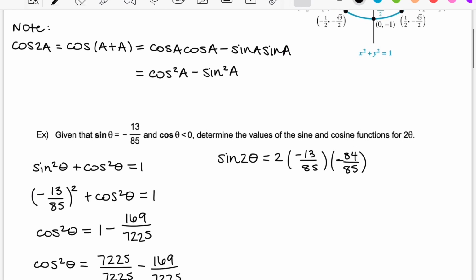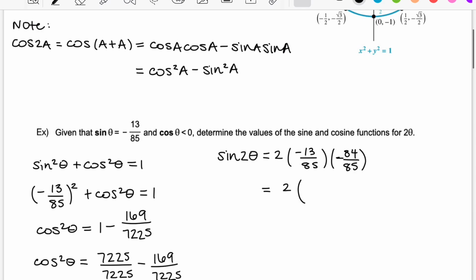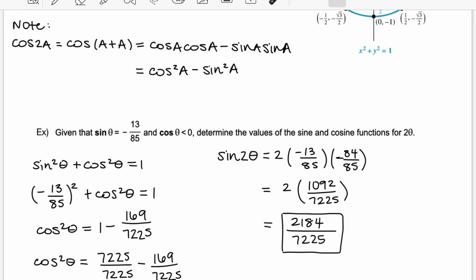Now multiplying these, we'll get a positive number for these two fractions. We get this here, and then multiplying the numerator by 2, we'll get this here. And we can't simplify this fraction further, but that's fine. This will just be the value for sine of this double angle.